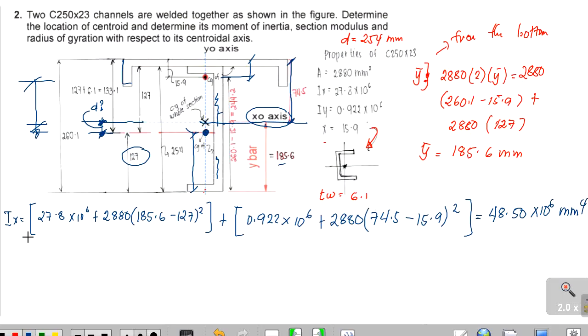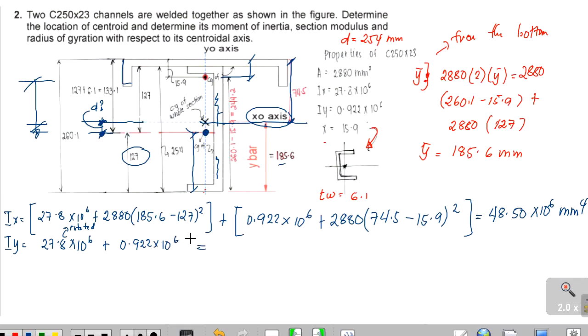How about our Iy? Given the properties of C250, that is 27.8 times 10 raised to 6. This is for the rotated one, and for the standing C, plus 0.922 times 10 raised to 6.